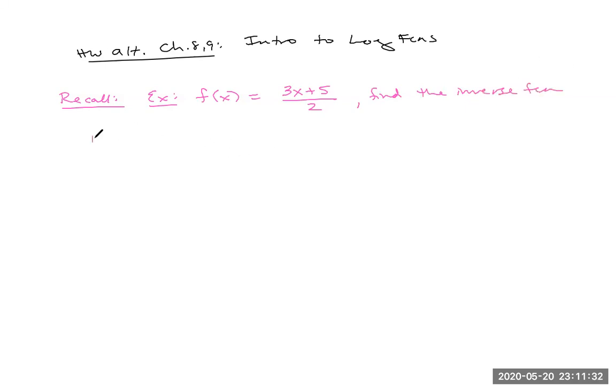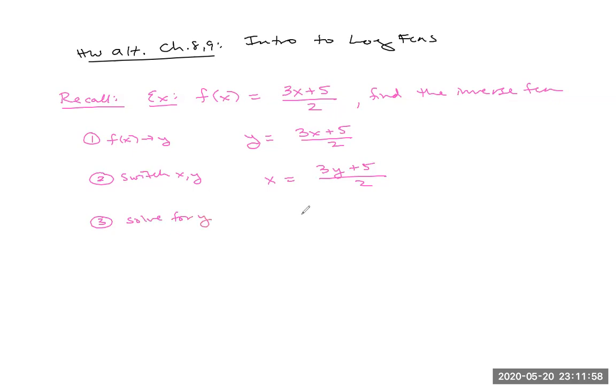Okay, remember the steps. We would change f of x to y. Then we switch x and y. And then we would solve for y. So 2x equals 3y plus 5. 2x minus 5 equals 3y. 2x minus 5 divided by 3 equals y.